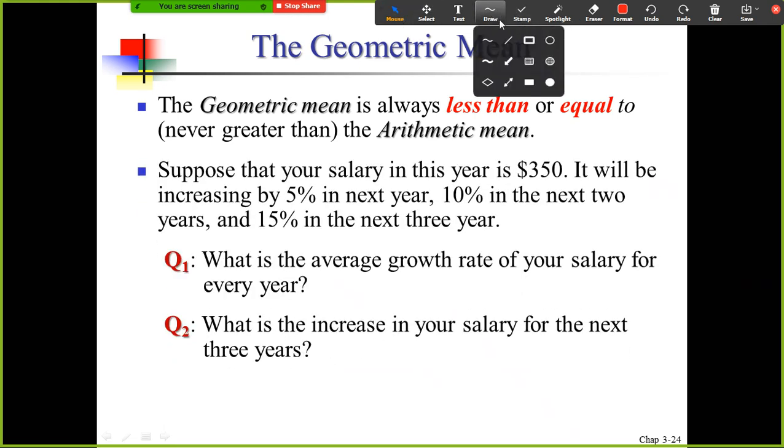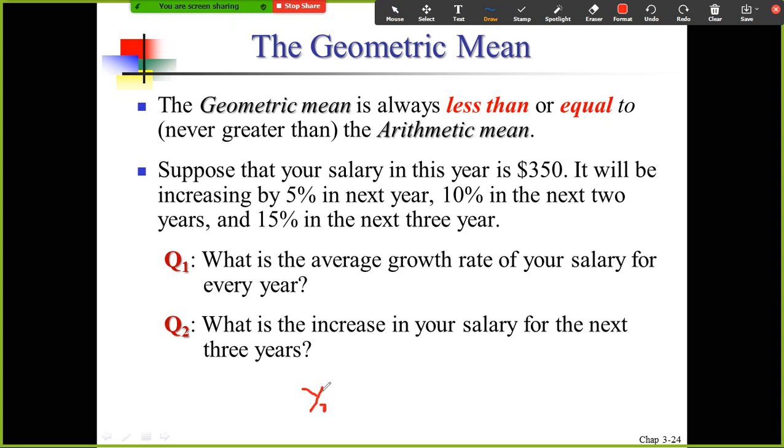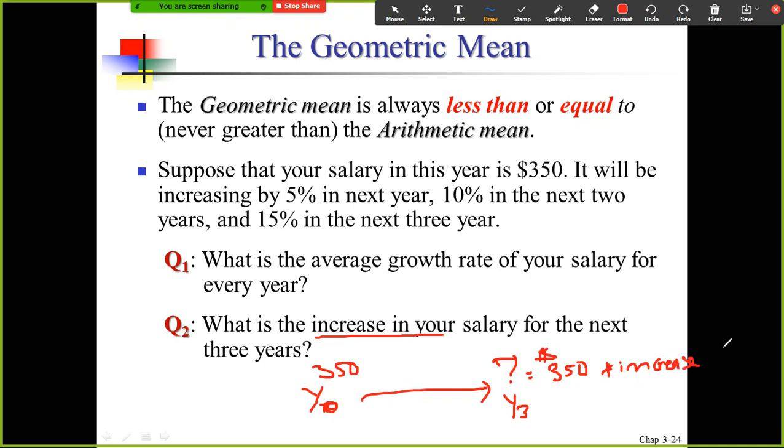It means that in year 0 you have 350. How about year 3? How much will your salary be? So, what is the increase in your salary? How much is your salary in year 3? Your salary in year 3 must be based on your salary now, plus the increase.